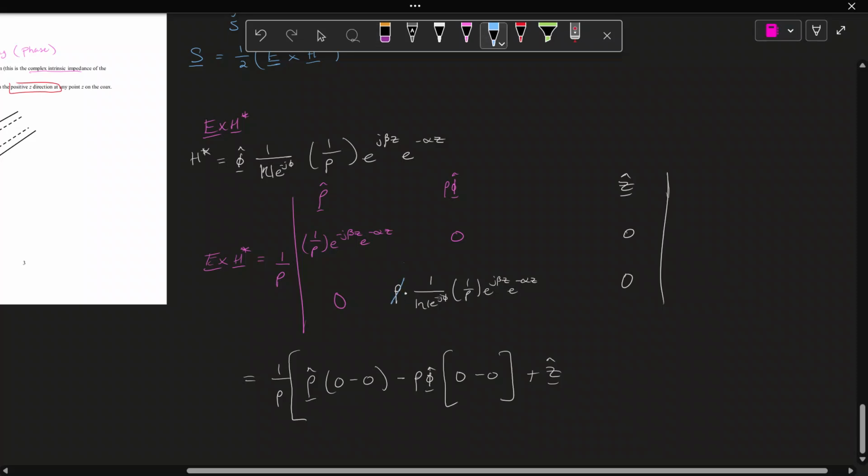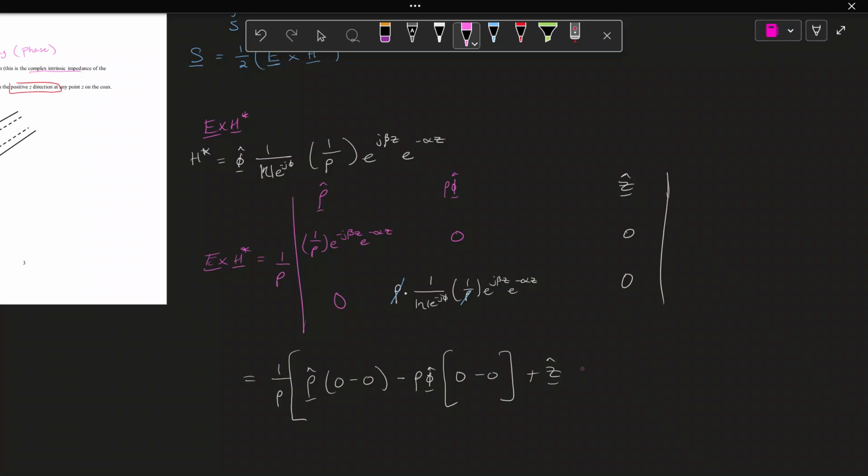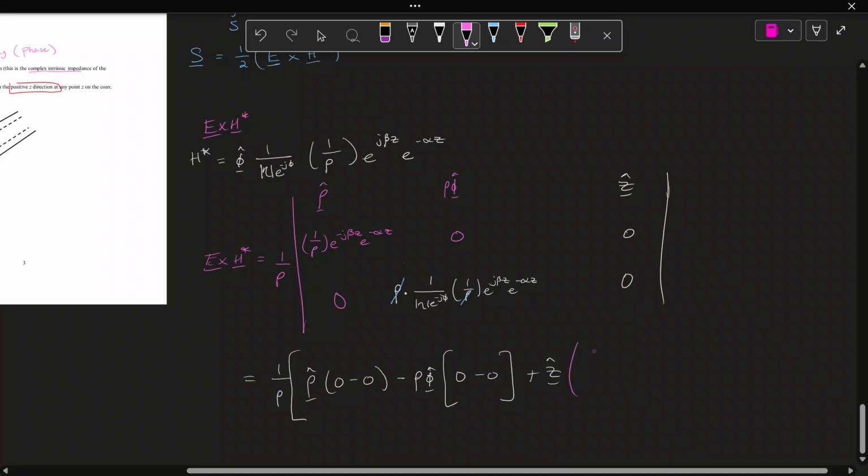What else do we notice? Well, we notice that this row cancels with this row. Okay, that's cool. And we also notice we can rewrite this here. We have 1 over rho, magnitude of intrinsic impedance, e to the negative j phi. Then we have e to the negative j beta z times e to the plus j beta z. Well, this becomes 0, and e to the 0 is equal to 1.